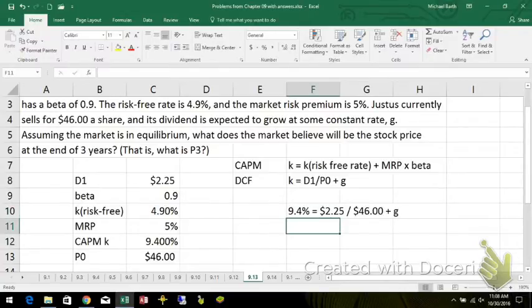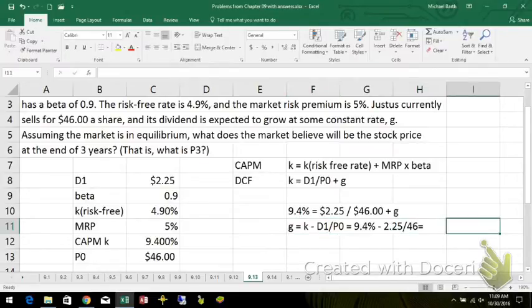All right, so if I reshuffle all that stuff around, then the growth rate would be equal to K minus D1 over P0, which would be 9.4% minus 2.25 divided by 46.